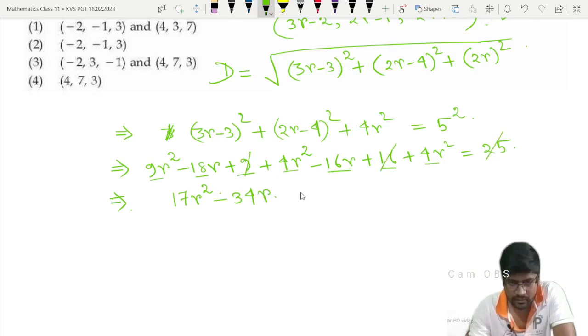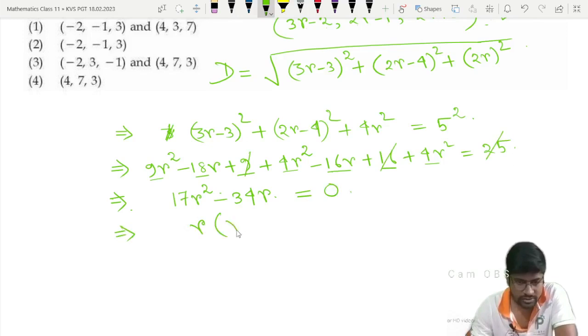So all the terms are exhausted and that is equal to 0. Now 17 we can take common and r also we can take common. So we will get r into r minus 2 is equal to 0. So that will give us either r is equal to 0 or r is equal to 2.